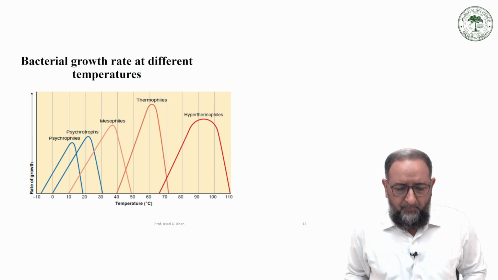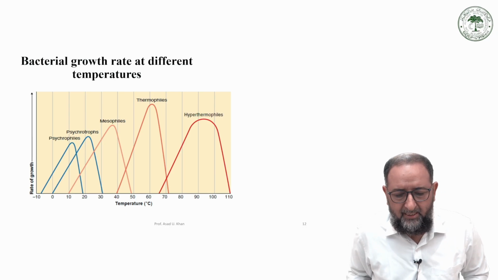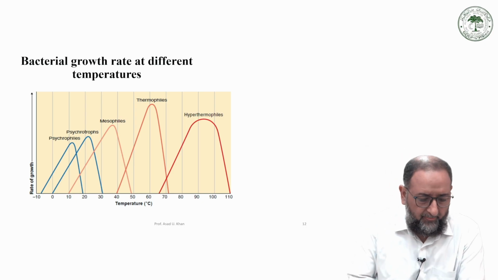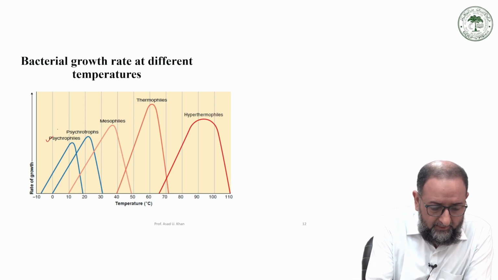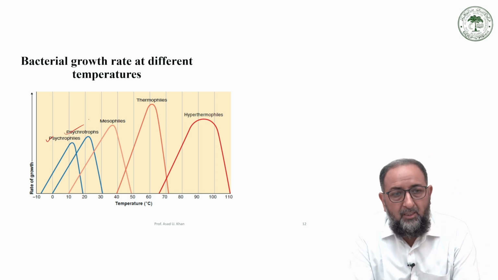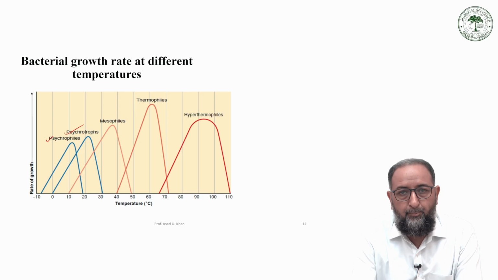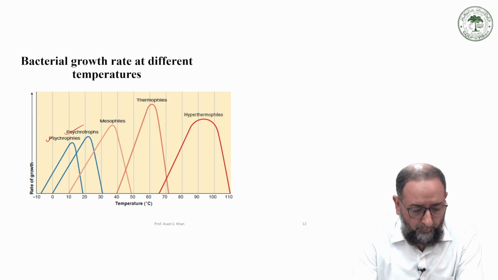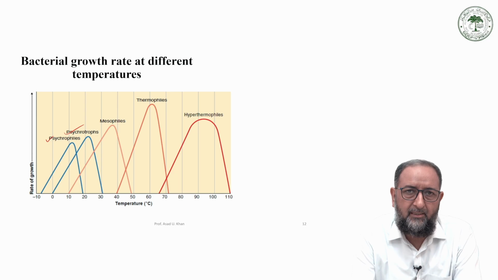Now this is a perfect plot showing the bacterial growth rate at different temperatures. First we have the psychrophiles, then we have the psychrotrophs. Psychrophiles grow at temperatures below 0, and the optimum temperature is about 8 to 10 degrees centigrade.